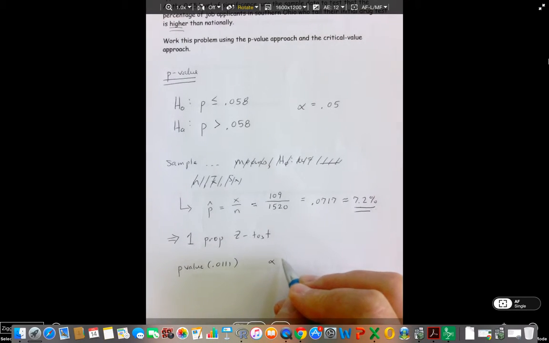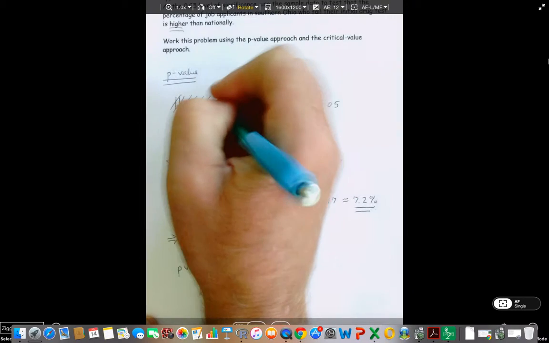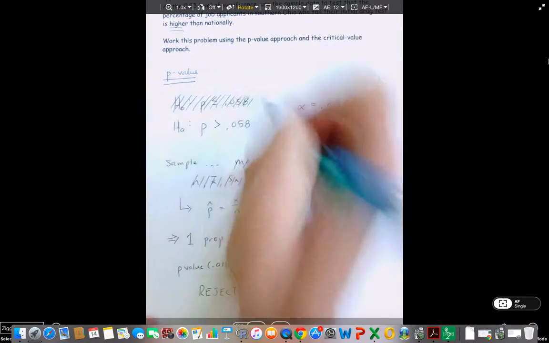Our alpha in the problem was 0.05. Clearly, 0.011 is less than 0.05. So guys, because of this, we would reject the null. So when you reject the null, you think of drawing a line through the null.